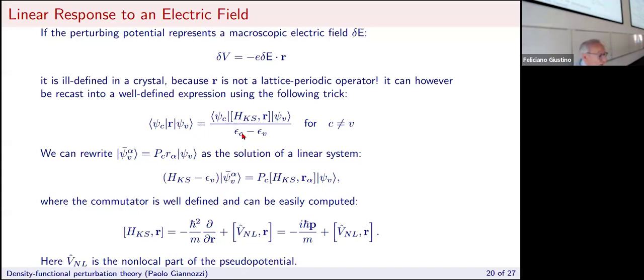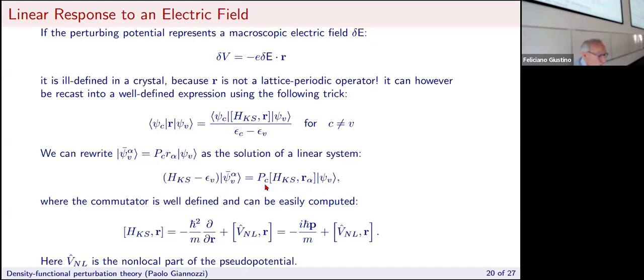It's the same as written here, by taking this 1 over epsilon c minus epsilon v and rewriting it under the form of a Green function and solving the linear system.